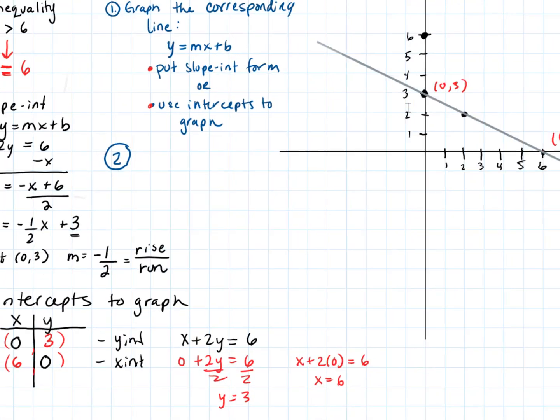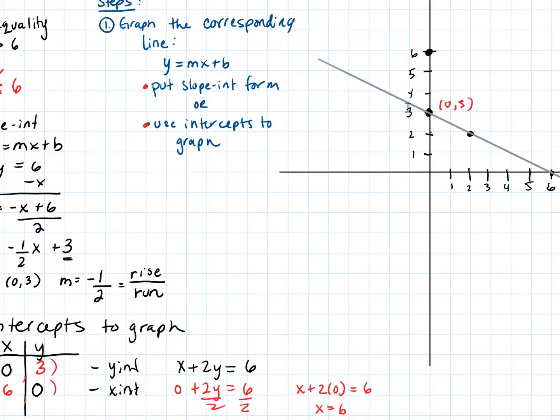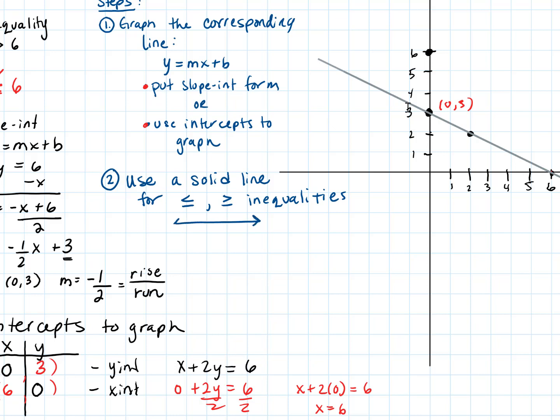So we use a solid line if we can be equal. Use a solid line for less than or equal or greater than or equal inequalities. So when you're graphing that line, you will use a solid line if you have those inequalities.